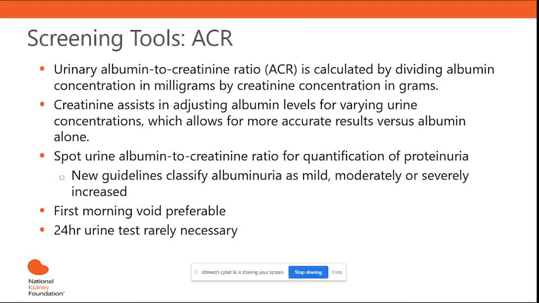The other screening tool is the albumin to creatinine ratio. Urinary albumin to creatinine ratio is calculated by dividing the albumin concentration in milligrams by the creatinine concentration in grams.